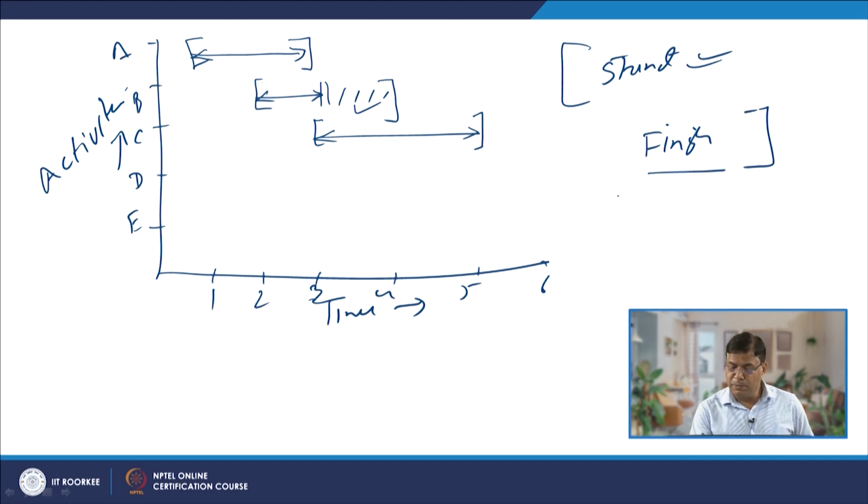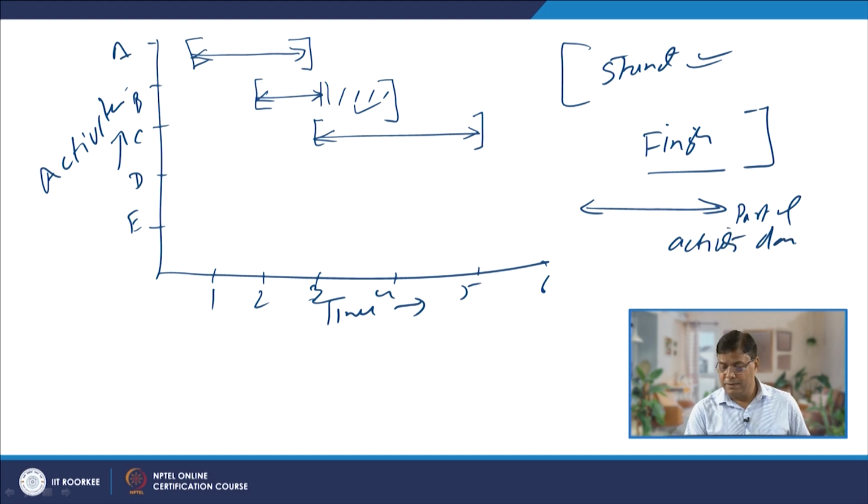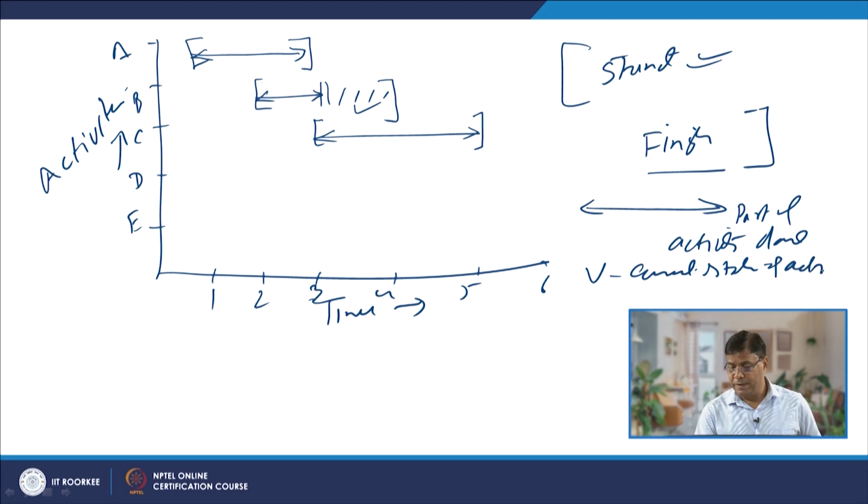When there is an arrow like this, it indicates the part of the activity done, and when the V sign is used, it indicates the current status of the activity in the entire project period.